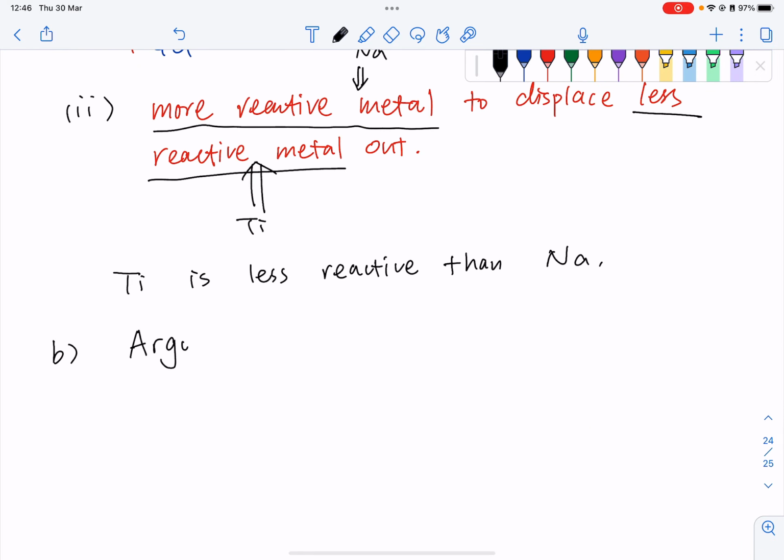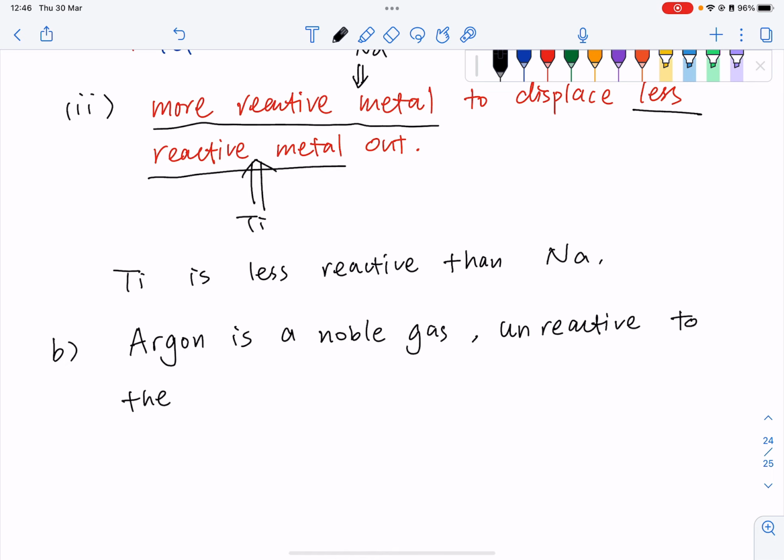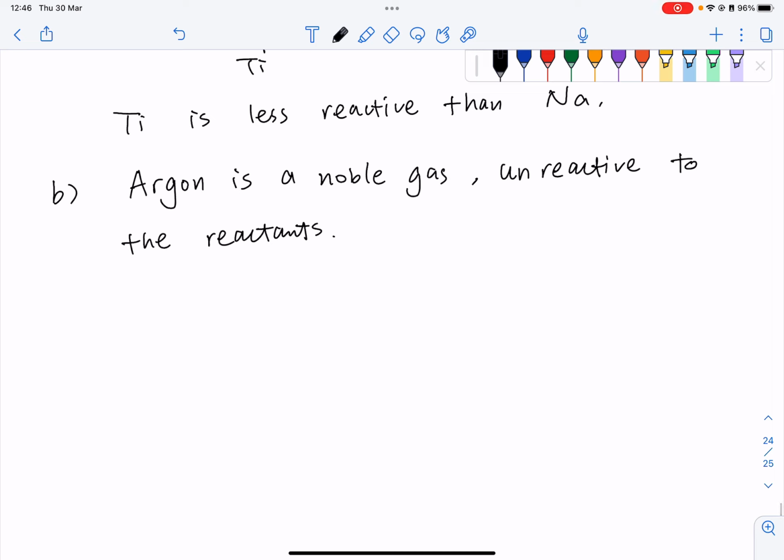Argon is a noble gas, which means it is relatively unreactive to the reactants here. And also remember, it says containing water vapor.